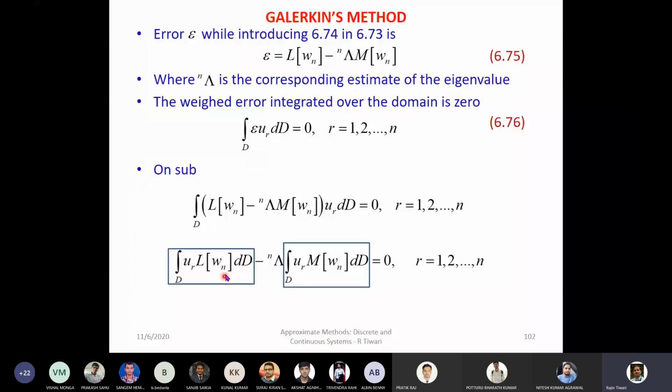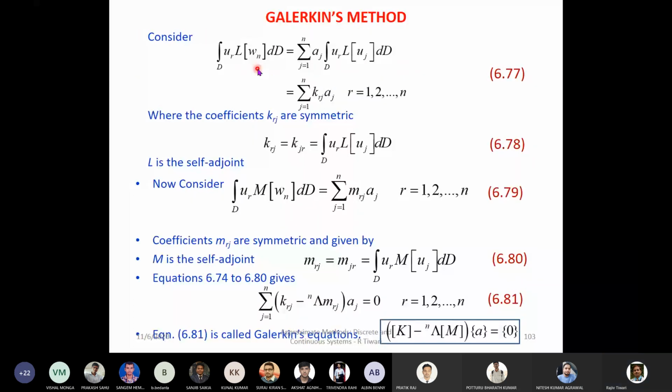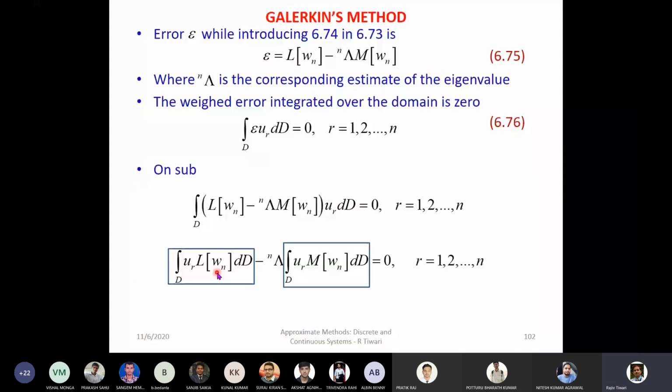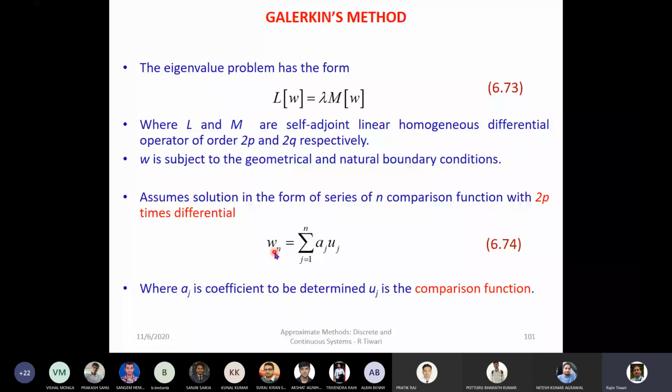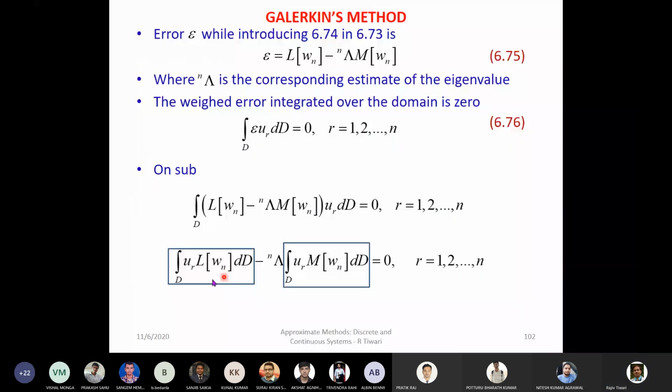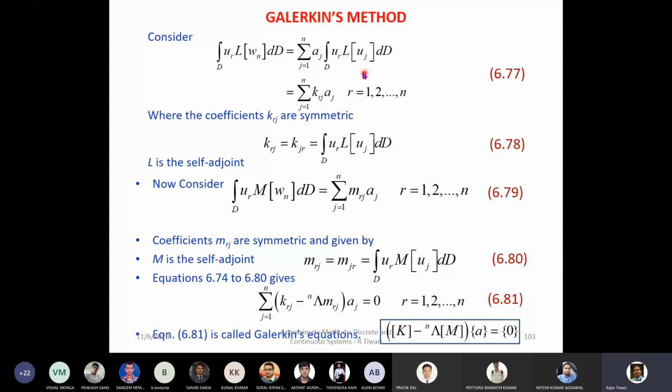Now Wn is in series form. If you go back here, Wn is in series form. Again, go back here, Wn is in series form. So we put the series for Wn here. Because of the summation, I have changed the order of integration and summation, and I have kept the constant outside the integral.